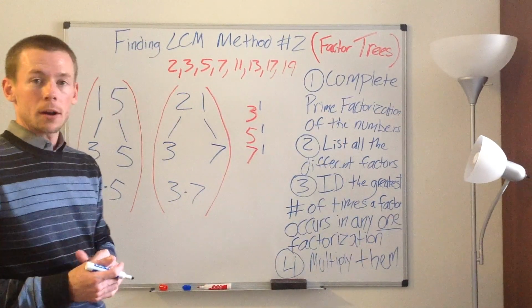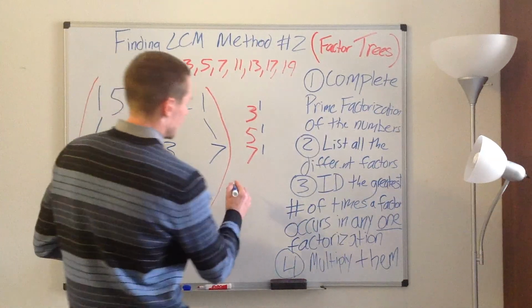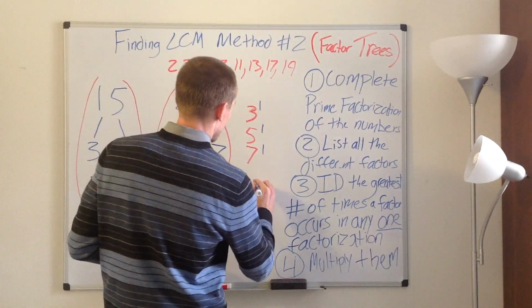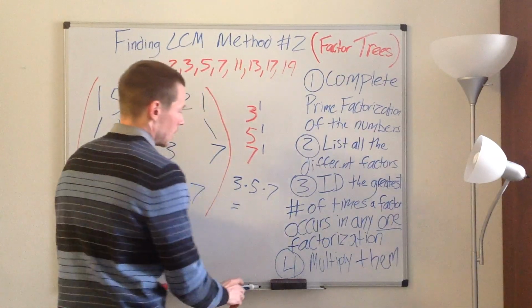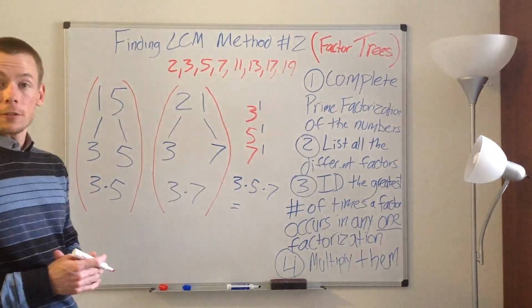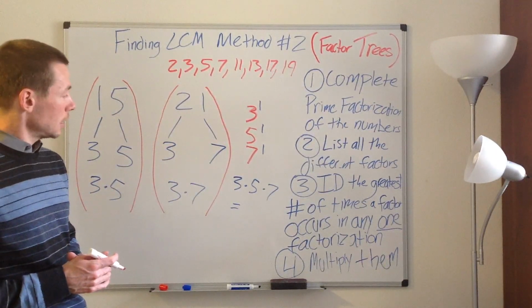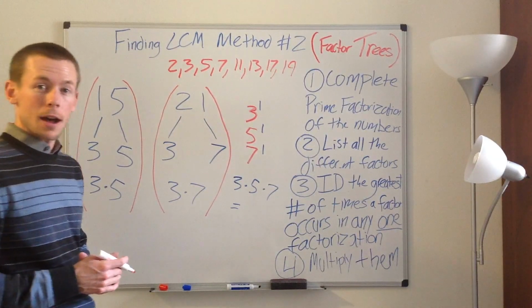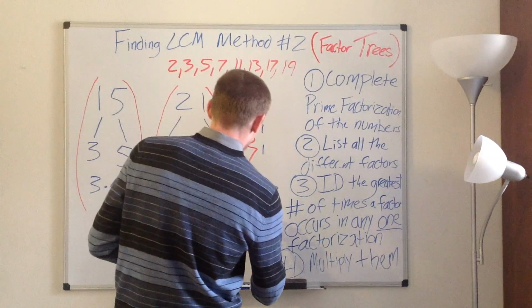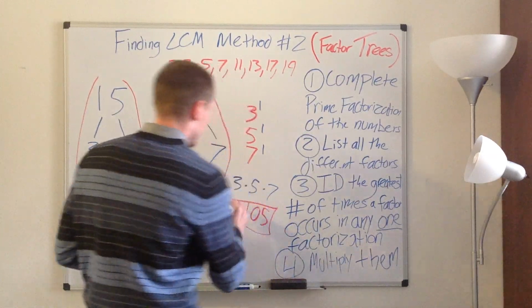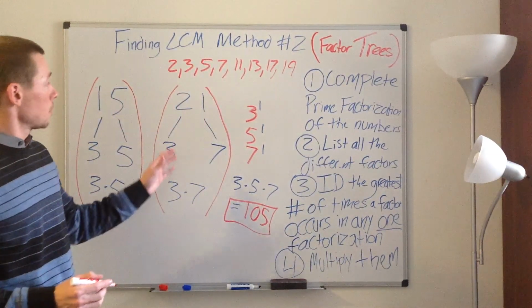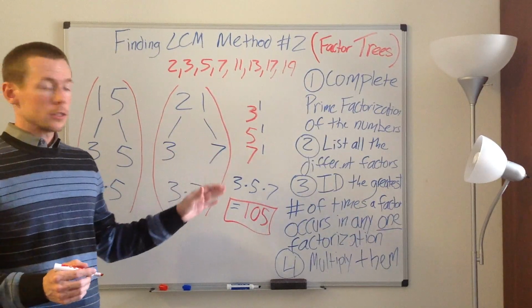So now step 4, multiply them. 3 times 5 times 7. 3 times 5 is 15, and 15 times 7 is 105. So the lowest common multiple of 15 and 21 is 105.